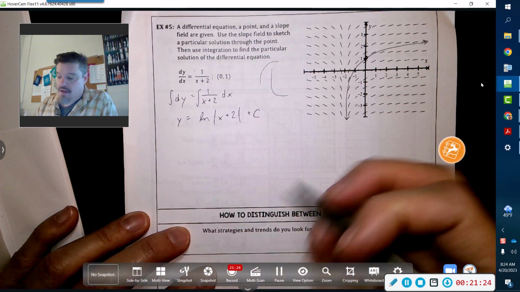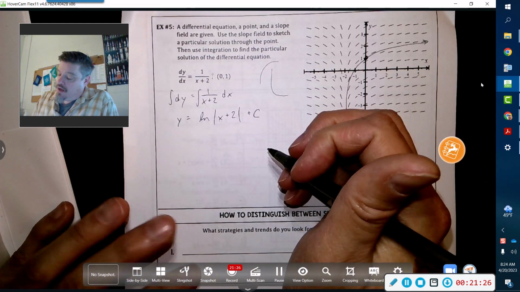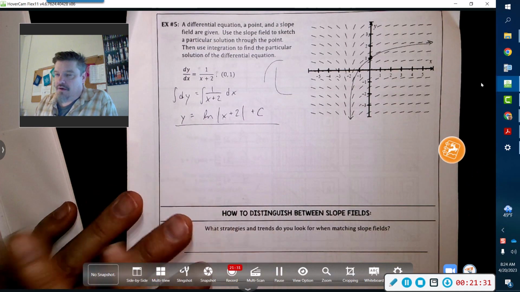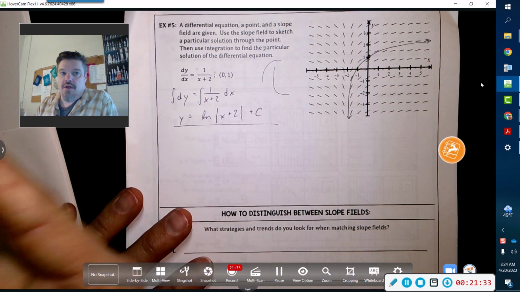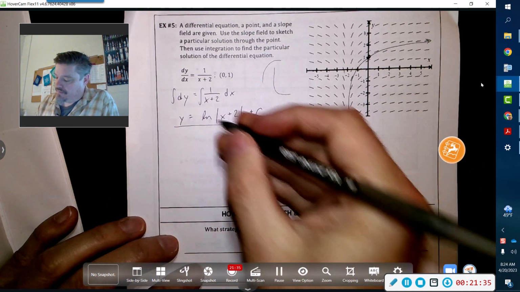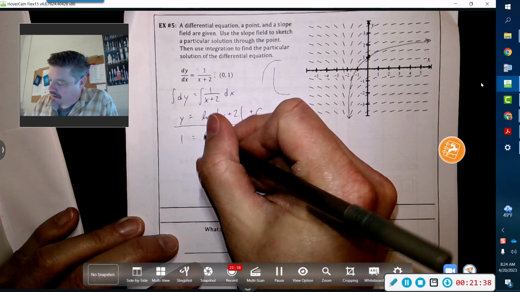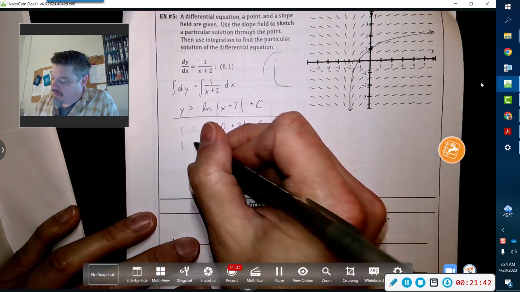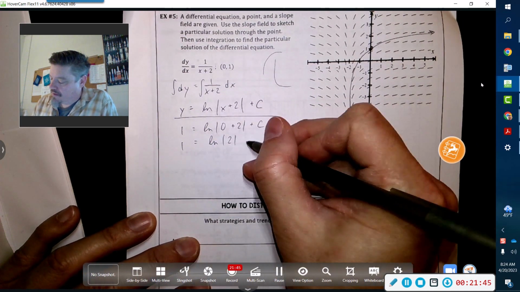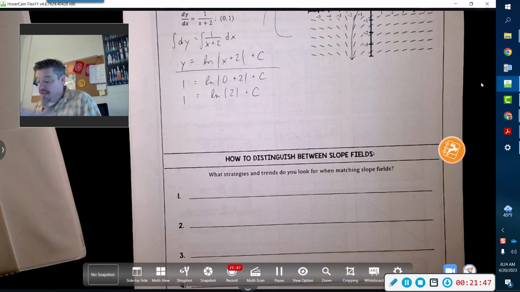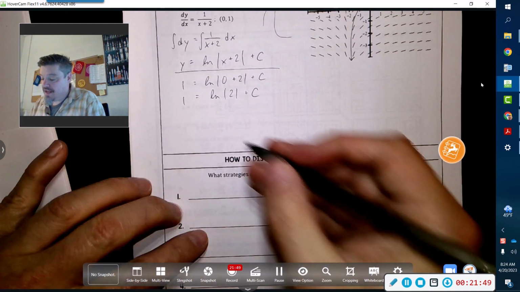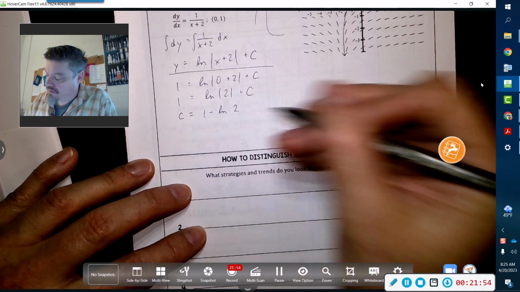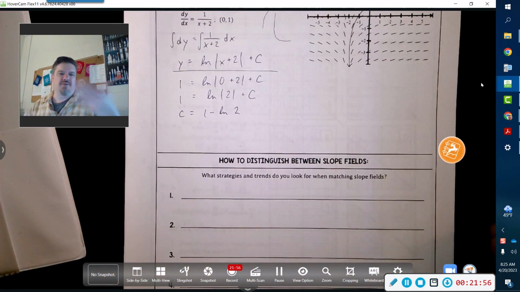So let's plug it in. This is our general solution. Now we're going to get the particular solution. Let's plug in a 1 for y and 0 for x: 1 equals the ln of the absolute value of 0 plus 2, plus c. If I want to solve for c, c equals 1 minus the ln of 2, because the absolute value of 2 is 2.